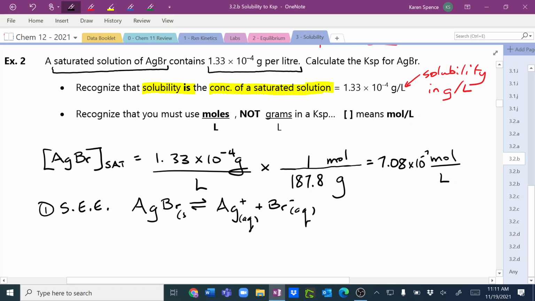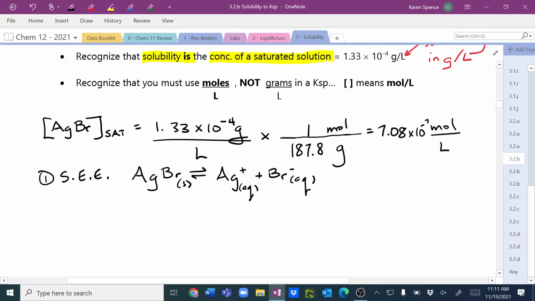Oh, and I forgot my solid there. I'm going to leave a little space underneath my solubility equilibrium equation because I'm going to want to be able to write my ion concentrations under there. It's just a nice place to write them. So I'm going to do my KSP, but I'm going to leave a little bit of room.